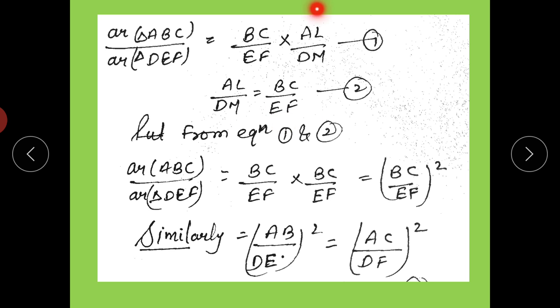So in place of AL upon DM, are you able to write this BC upon EF? Yes. So BC upon EF into BC upon EF, we can say that BC upon EF का whole square, or BC square upon EF square, or we can write AB upon DE का square is equal to AC upon DF का whole square. I hope you understood this theorem. If you did not understand, please repeat this again.